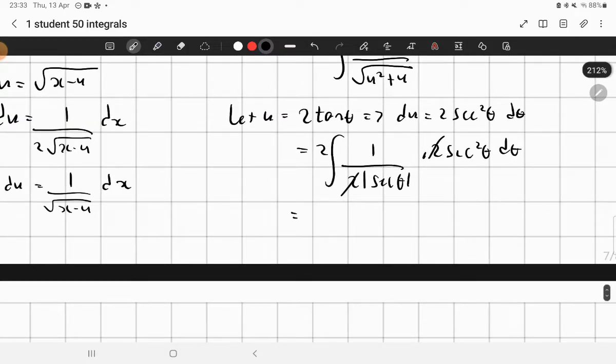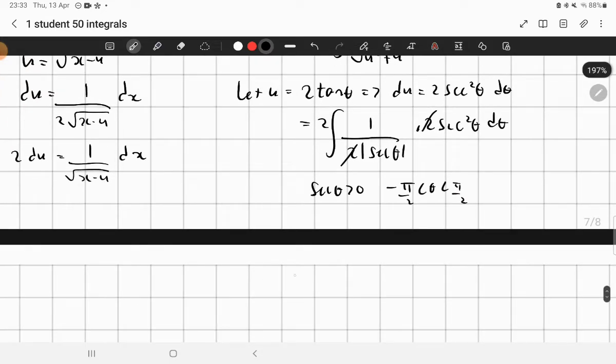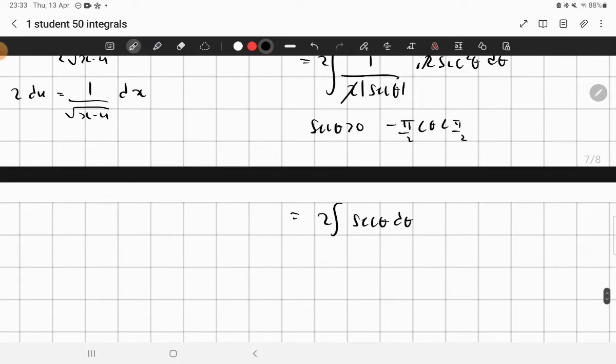So secant theta will always be larger than 0 in the interval of negative pi over 2, not inclusive, to pi over 2. So what does this mean is that we could get rid of the absolute value and left with secant theta. And we know that the integral of secant theta will be 2 ln of secant theta plus tangent theta plus c.